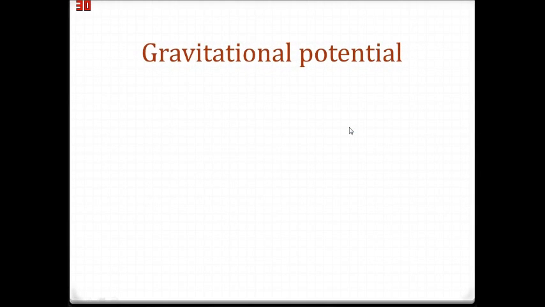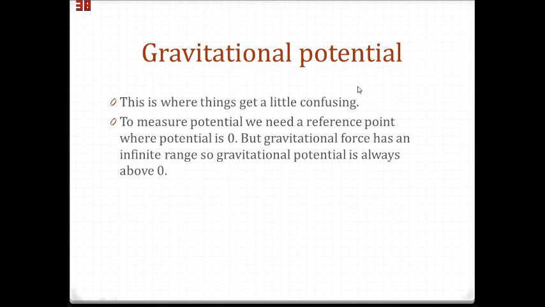Finally, the last thing you'll be asked to do with gravity is to calculate gravitational potential. Now, this is where things get a little bit confusing, because in order to measure the potential, we need to have a reference point to measure it from, where the potential is 0. However, gravity is an infinitely reaching force.